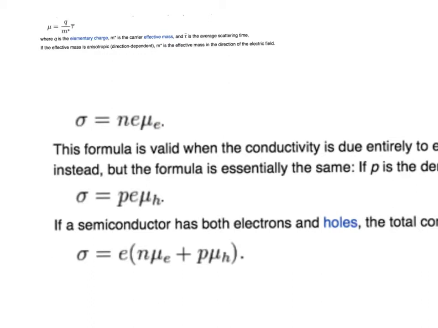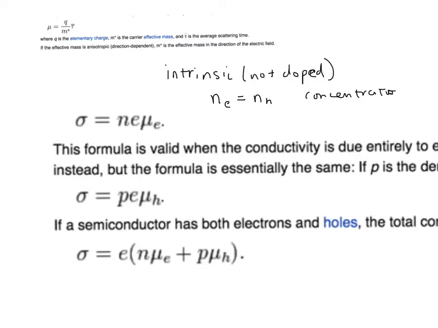For a semiconductor that is not doped, you have what's called an intrinsic semiconductor. This is not doped, and we'll get more into this later in the quarter. The number of electrons will equal the number of holes, or excuse me, the concentration.